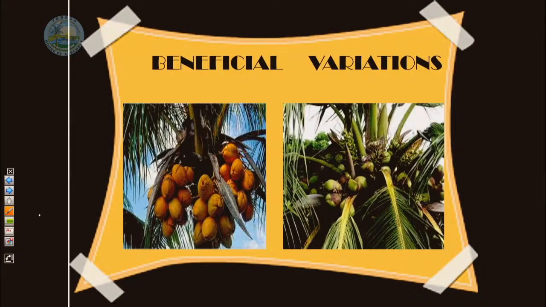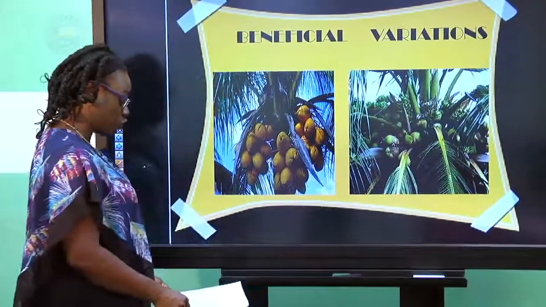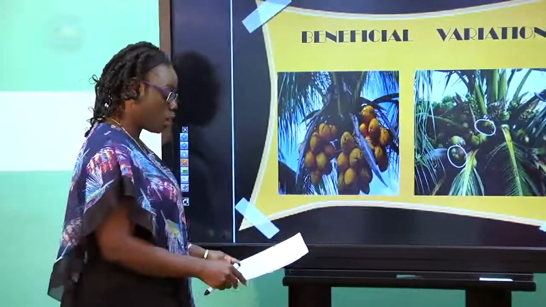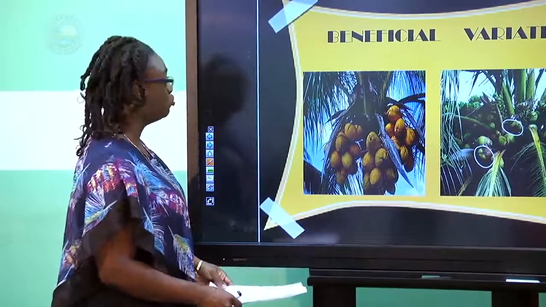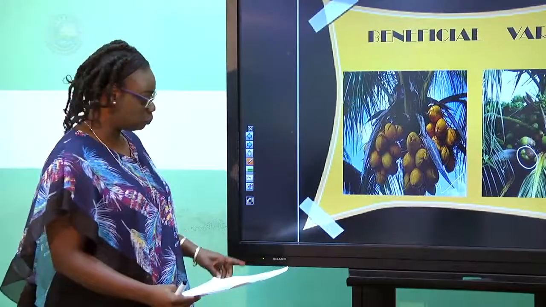For example, if there was a disease wiping out a specific variety of coconuts, without variation, all the coconuts would be wiped out. However, variation could produce resistant strains which would not succumb to the disease, and you will have healthy coconuts which would avoid being wiped out by that particular disease.